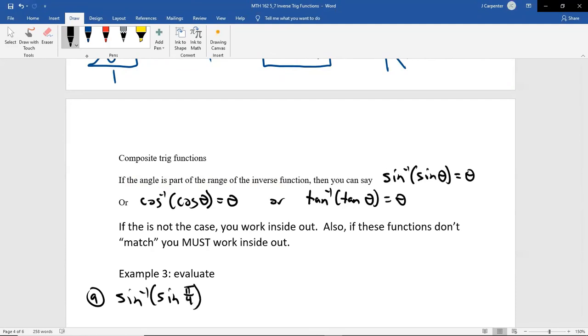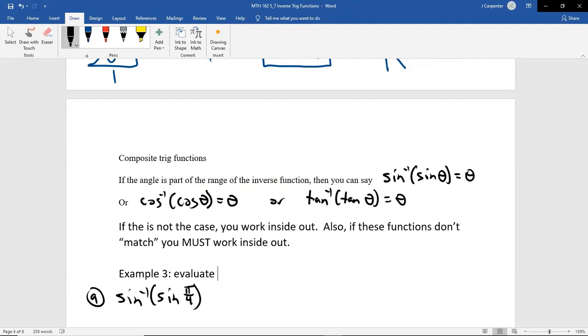Now you might be thinking, well, could you do the sine of the inverse sine of pi over 4? The answer is no. You cannot do the sine of the inverse sine of pi over 4, because with inverse trig functions, the inside argument must be ratios of opposites and adjacents, something like a half or square root of 3 over 2. So no, you can't just willy-nilly flip these and leave the pi over 4. It would have to go in this order.